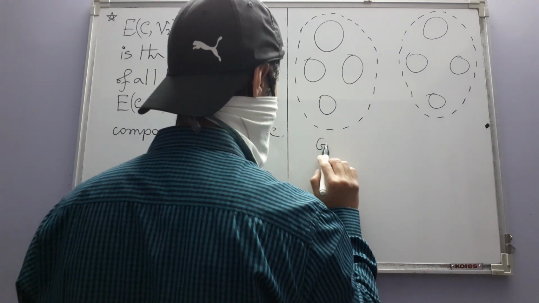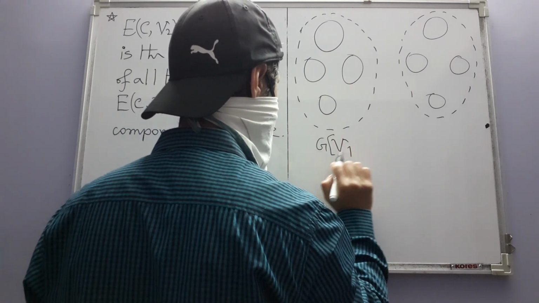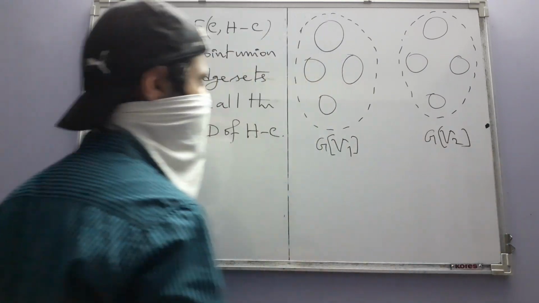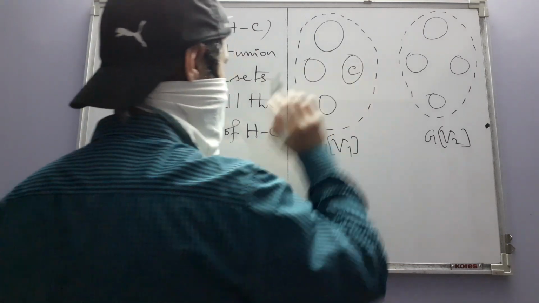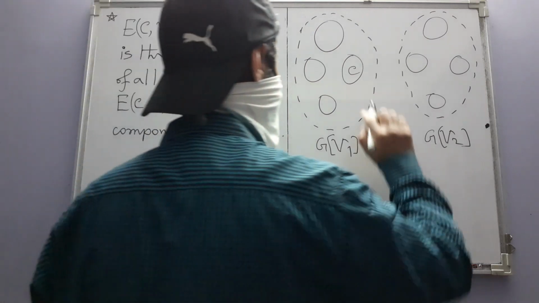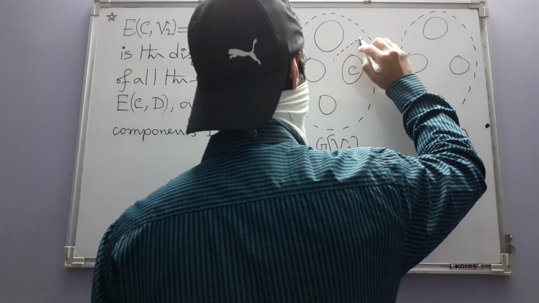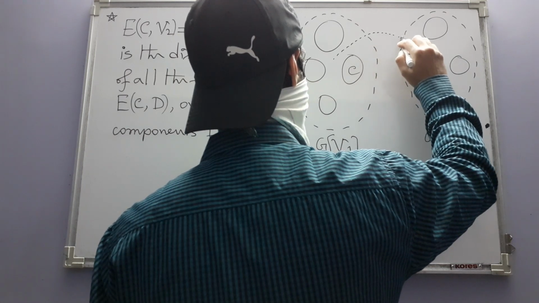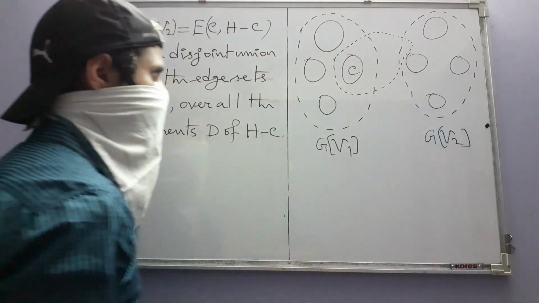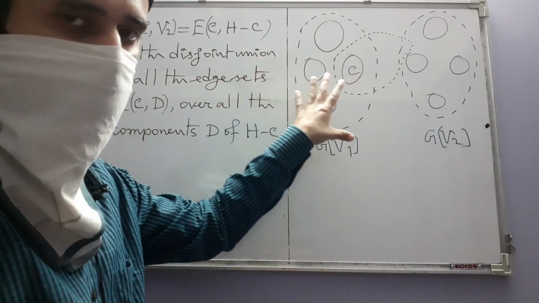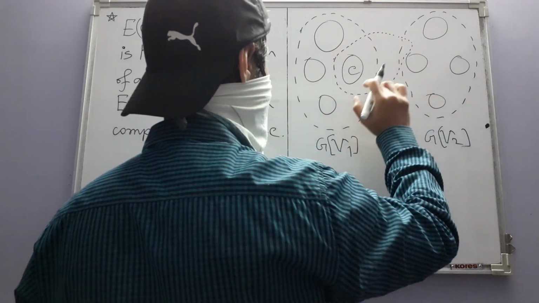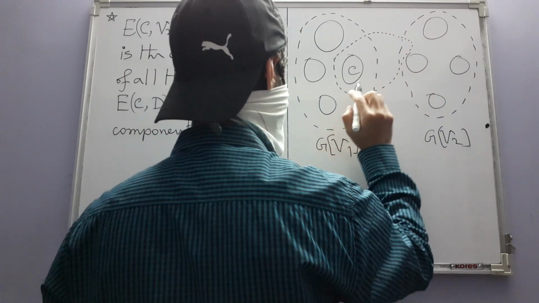This is GV1 and that is GV2. This is C and we have H. Now, because we do not know whether H will lie only on this side, we have just simply drawn H like this, a little to cover that side also.